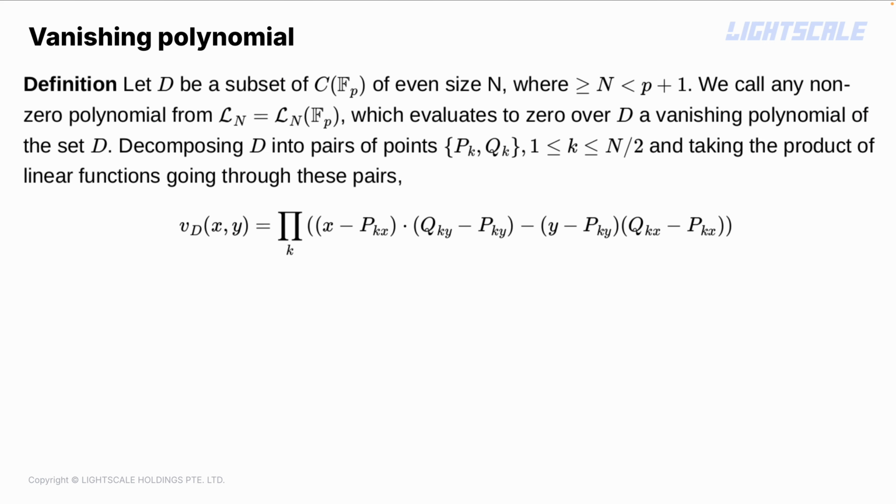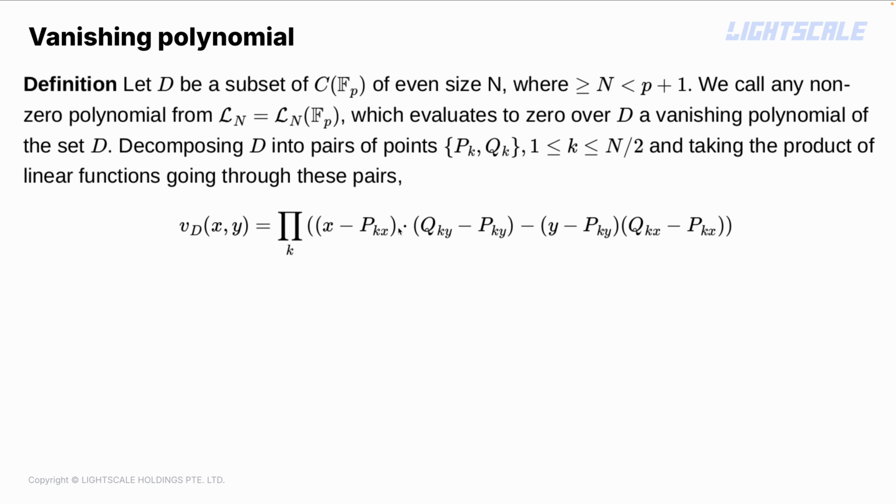And then we define a vanishing polynomial here as well, which is just a polynomial that evaluates to 0 over D. So if we decompose D into pairs of points, then we can take a product like this.